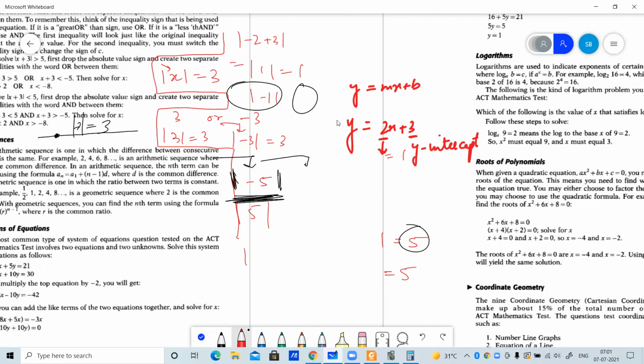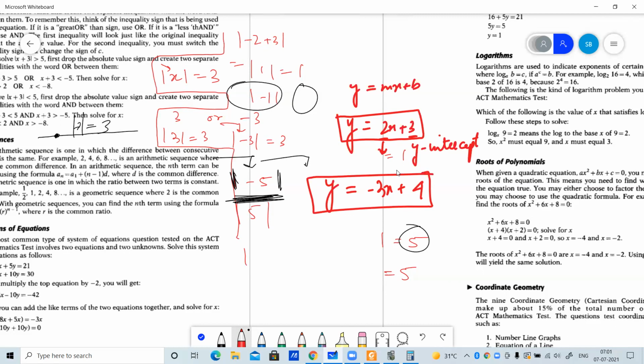Now, if I tell you y equals 2x plus 3, and one more line is y equals negative 3x plus 4, can you solve these two equations? What we can do here is plug in the value of y from equation 1 for the y in equation 2. See, before we were solving only one equation. For example, 2x plus 3 equals 0. We were solving this for x.